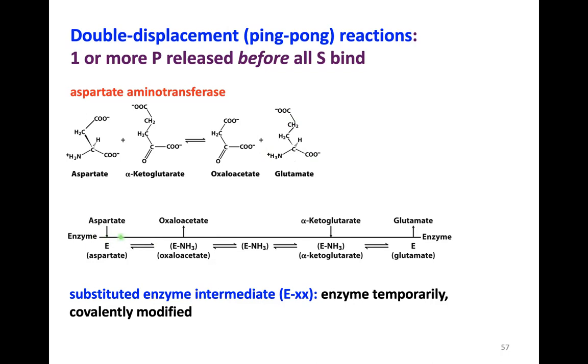So again, the enzyme, aspartate aminotransferase, is this horizontal line. We have aspartate bind to the active site of the enzyme to form this complex. It transfers its amino group and covalently modifies the active site transiently.